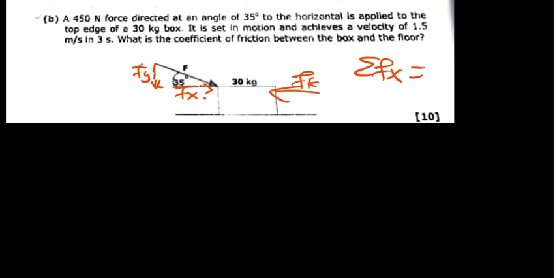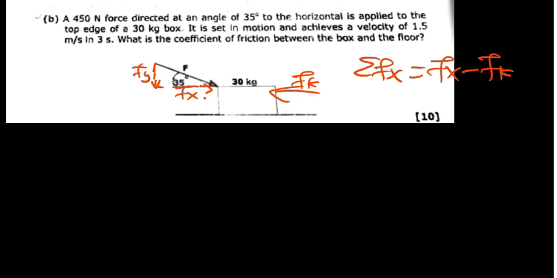So in the x direction, we have Fx pointed toward the positive x-axis, minus the friction force. Remember, friction force always opposes motion, so it carries a negative.